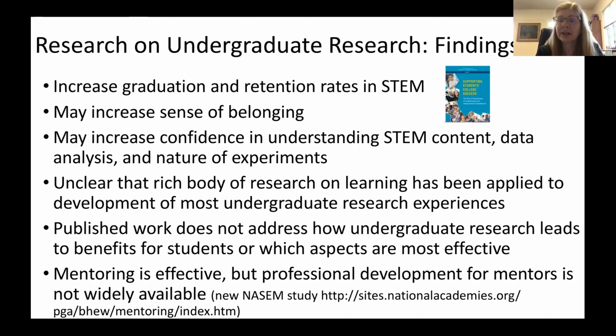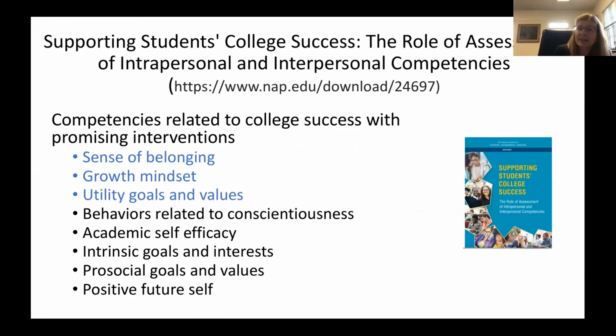You might want to follow, there's a newly launched study at the National Academies on mentoring. So it's just getting launched, but that may give us additional guidance on how to provide professional development for mentors rather than just say, go do it. The College Success Report is a really valuable one, looking at assessments and what we know works in terms of supporting students' college success and lifelong well-being: sense of belonging, growth mindset.